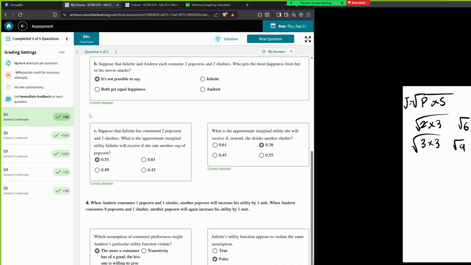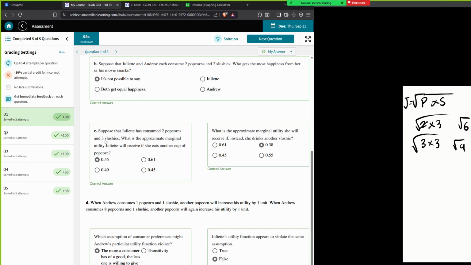Okay. And what it's asking for is the approximate marginal utility. So again, marginal utility is the change in utility. If you guys have taken another math class, delta is the change in. So if you see the triangle, which is delta, and then a U, so delta U, that's change in utility, marginal utility.